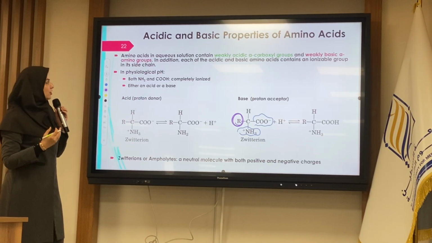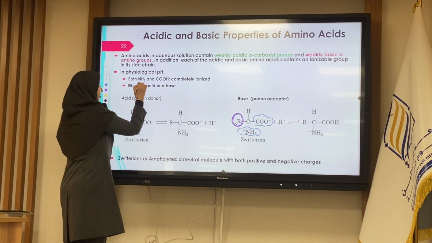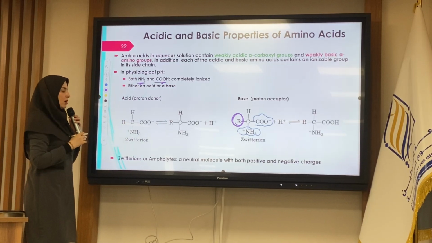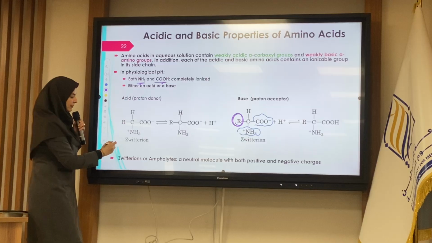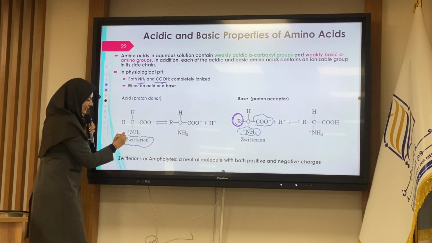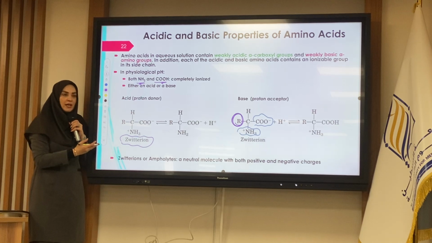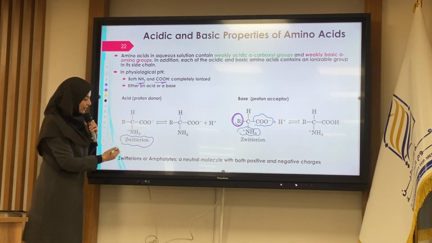At physiological pH, both the NH2 and carboxyl groups are completely ionized, for example, like at this point. What is the name of this compound? This is the Zwitter ion. What is the definition of a Zwitter ion?